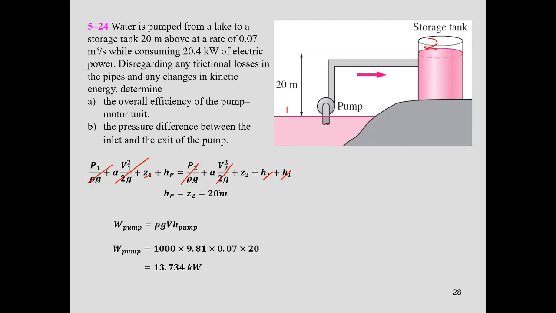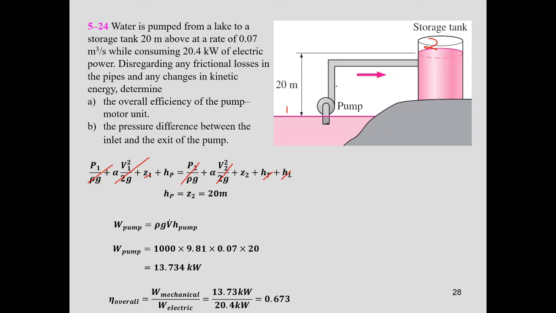Okay, to calculate the overall efficiency, the mechanical energy is 13.734 and the electric power given is 20.4 kilowatt. So you got here the overall efficiency is 0.673.